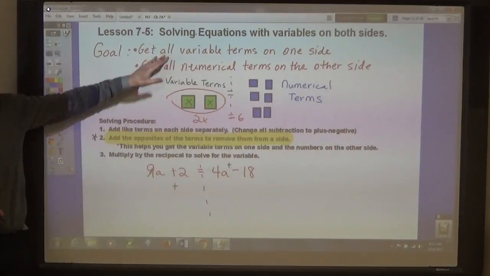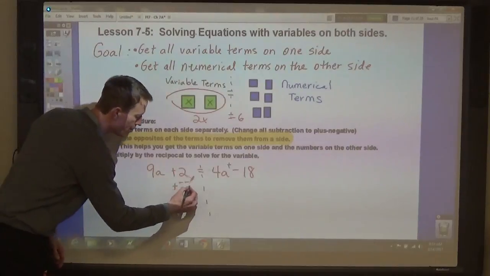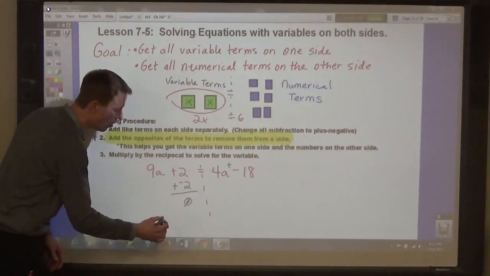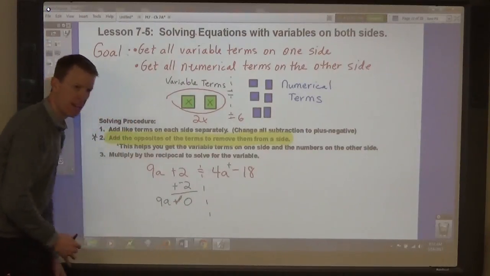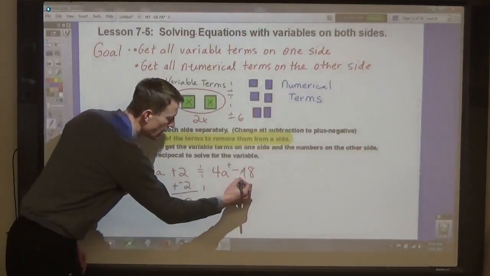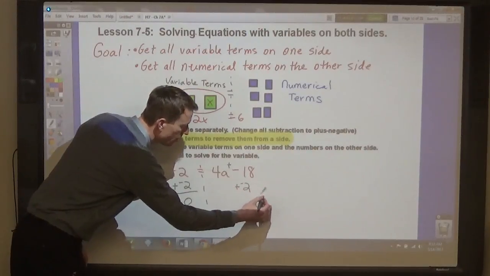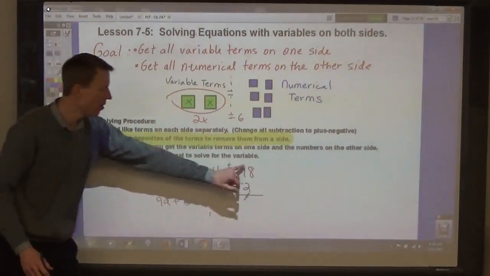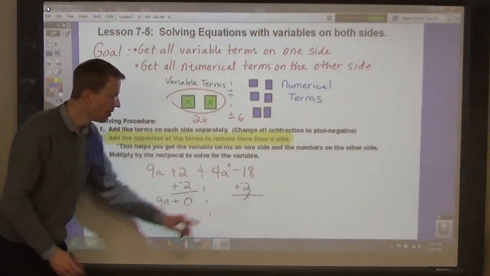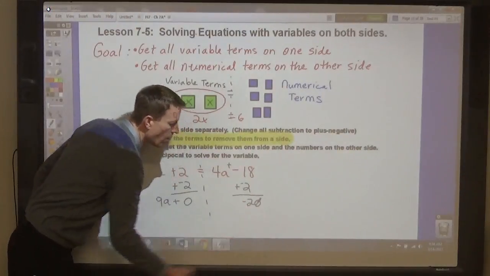We get the variable term alone on this side. So if we add negative 2, we have 0, and we just have 9a left on that side, right? Now over here, we're going to add the negative 2 to the number term, because those are like terms. We can add negative 18 plus negative 2, and that equals negative 20.